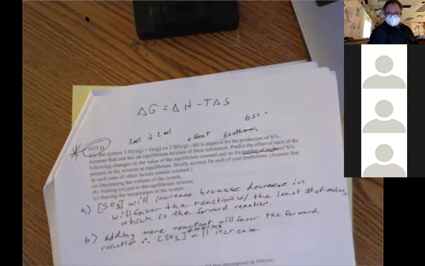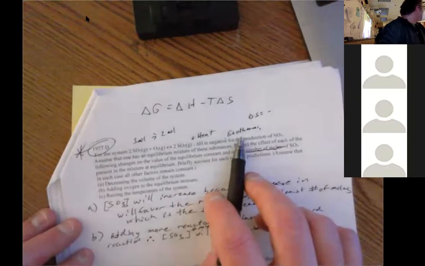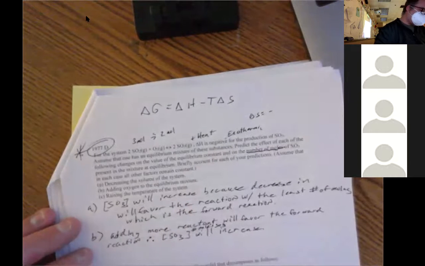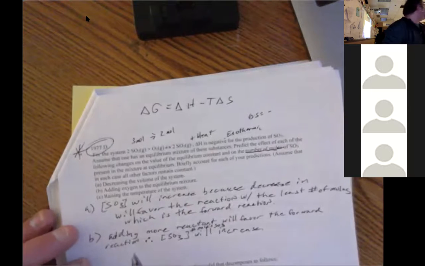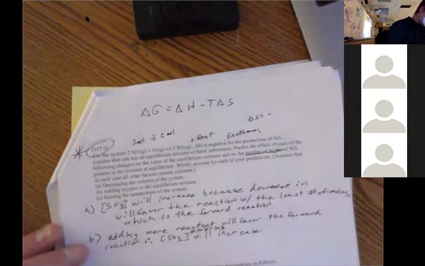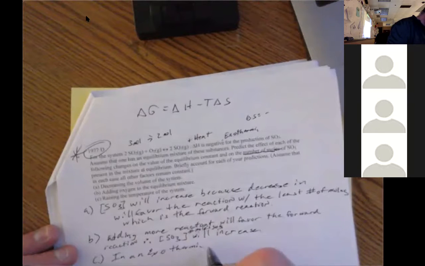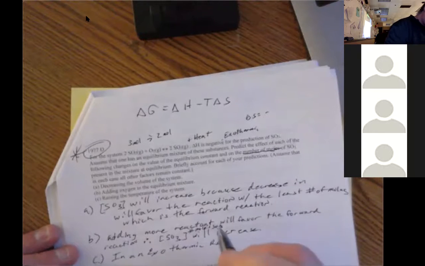Raising the temperature. Well, we know that this is exothermic. So what is raising the temperature going to do? It favors the reverse. In an exothermic reaction, increasing the temperature favors the reverse reaction.